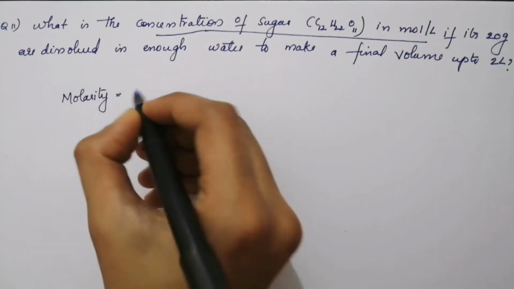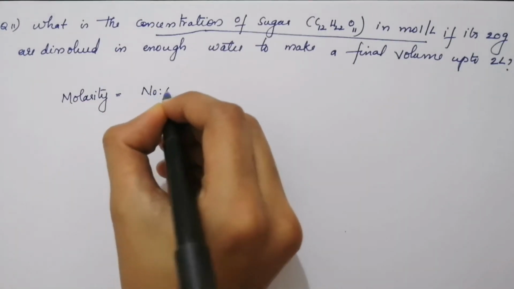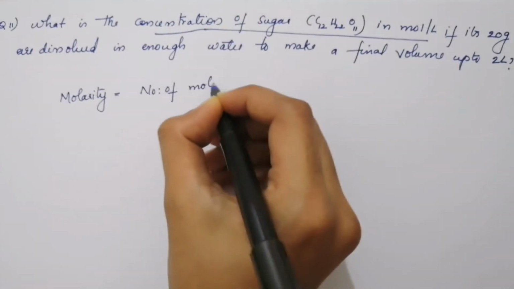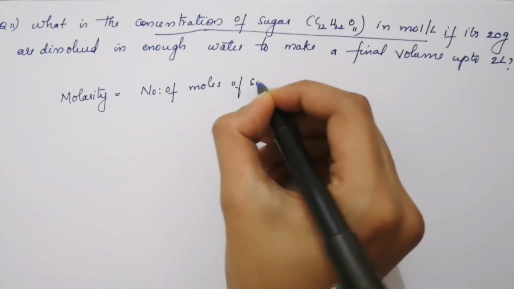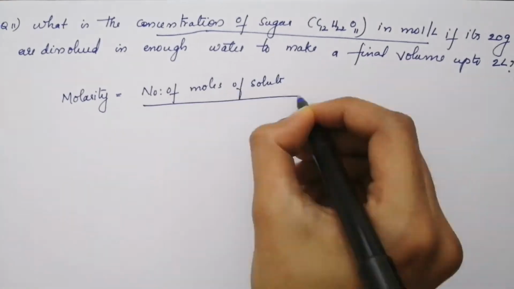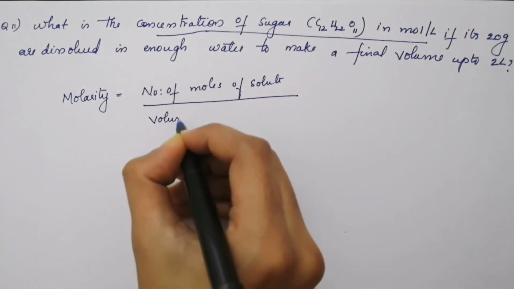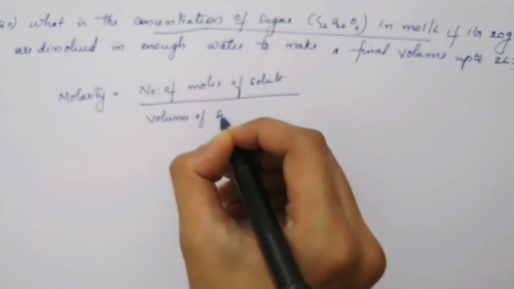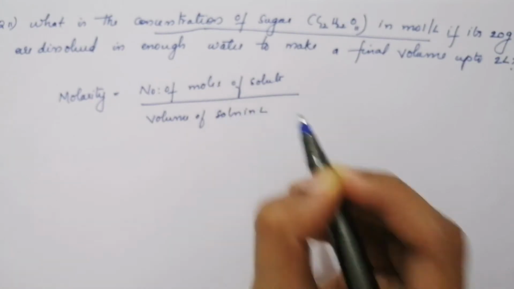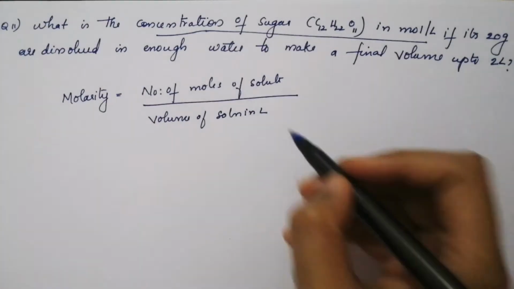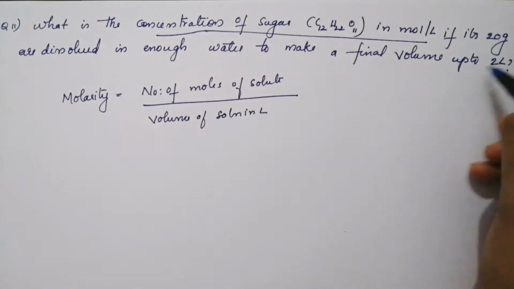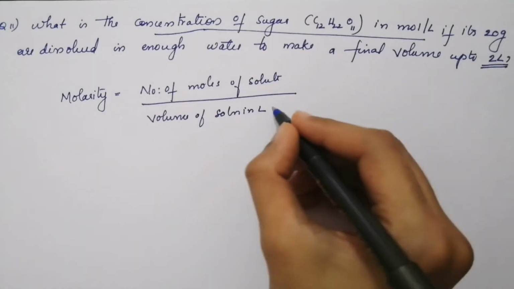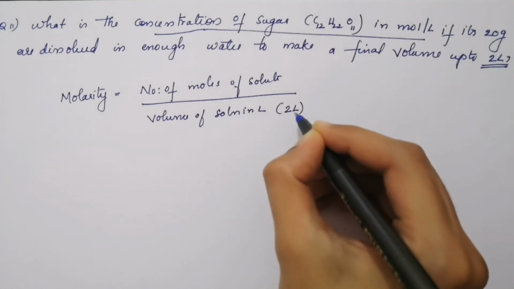We know that this molarity is equal to the number of moles of solute upon volume of solution in liter. We already know that the volume of the solution is given as 2 liter.